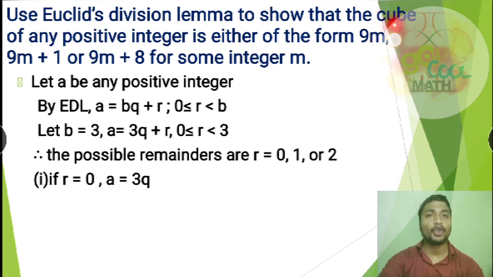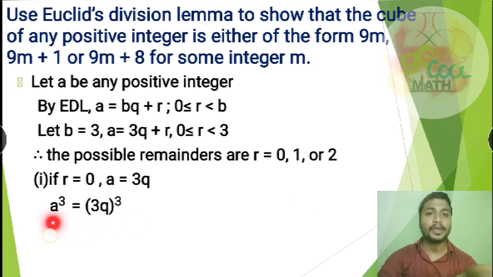Since the question is the cube of any positive integer, A is nothing but a positive integer. So cube on both sides. A cube is equal to 3q the whole cube. So 3 cube is 27, and q the whole cube is q cube.